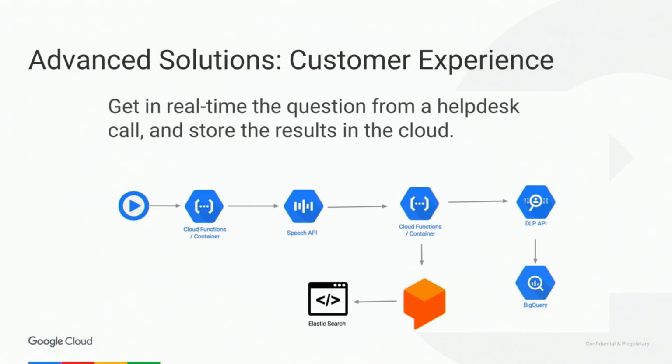And then the Dialogflow platform can give you an answer back, and maybe that answer shows a live answer on the screen so that the help desk employee knows exactly what to answer back, and your calls can go faster.